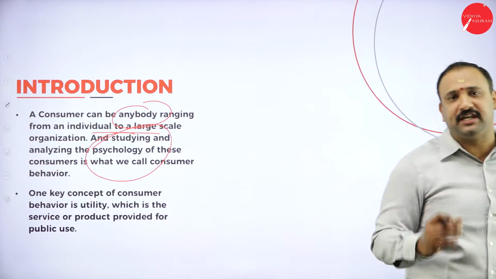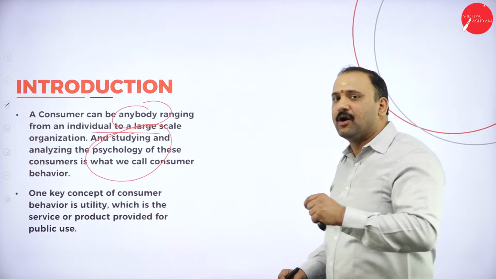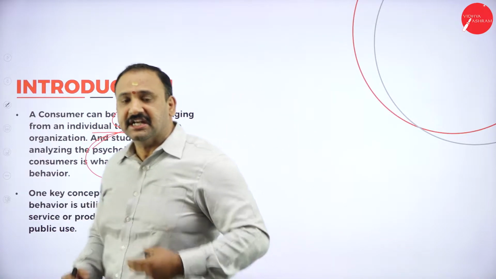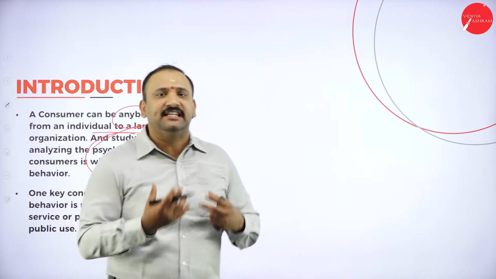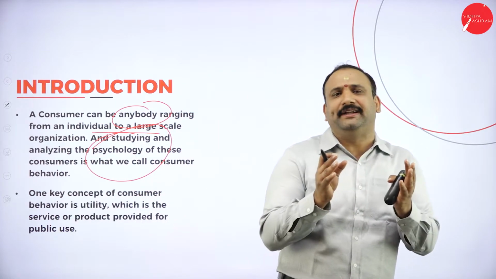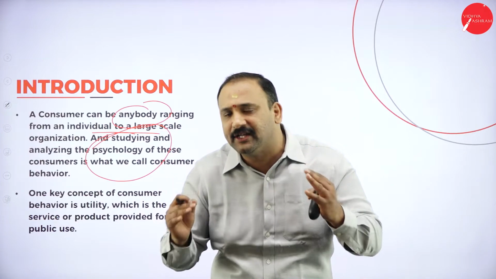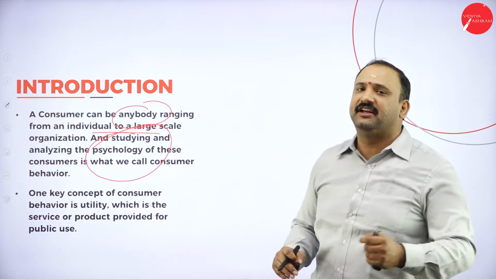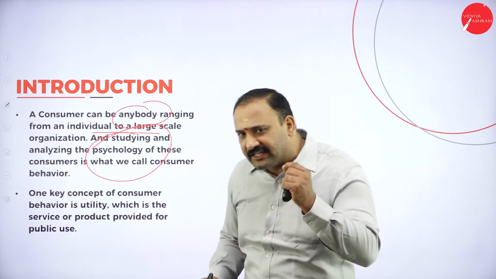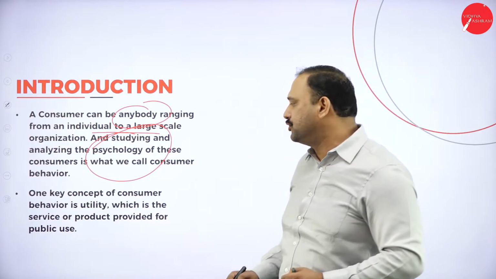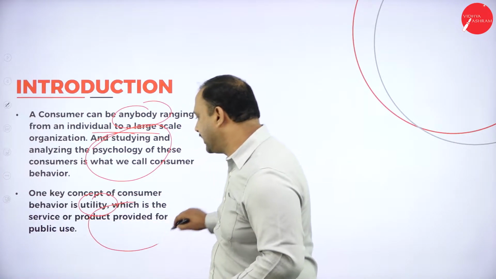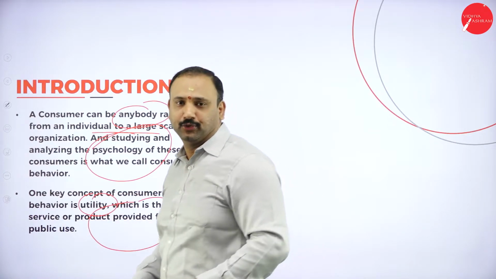So what I mean to say here is that in economics, what we are going to see is the consumer preferences, his buying behavior, his parameters of how he selects a product, and what are all the criteria that play a vital part in determining the consumer behavior attitude. Followed by one of the key concepts of consumer is utility, which is the service or the product provided for the public use.